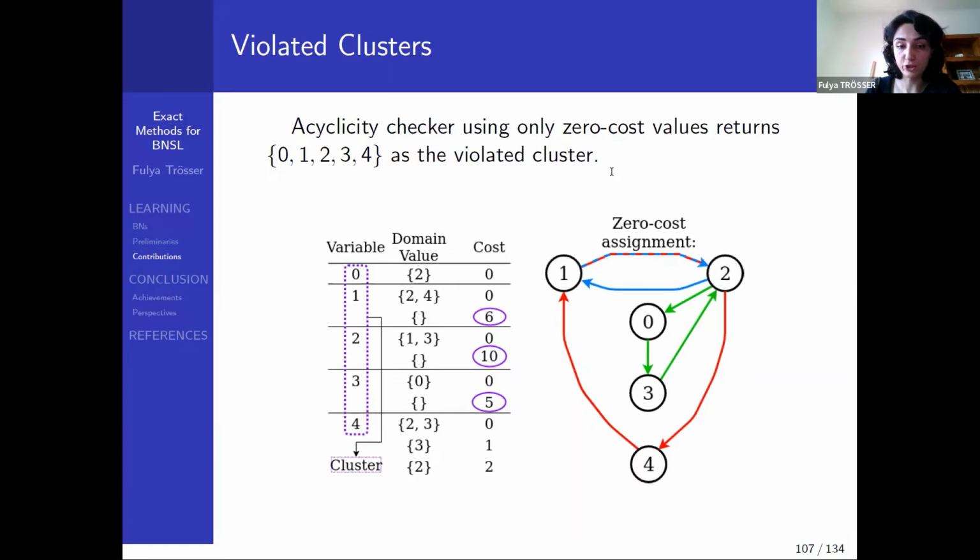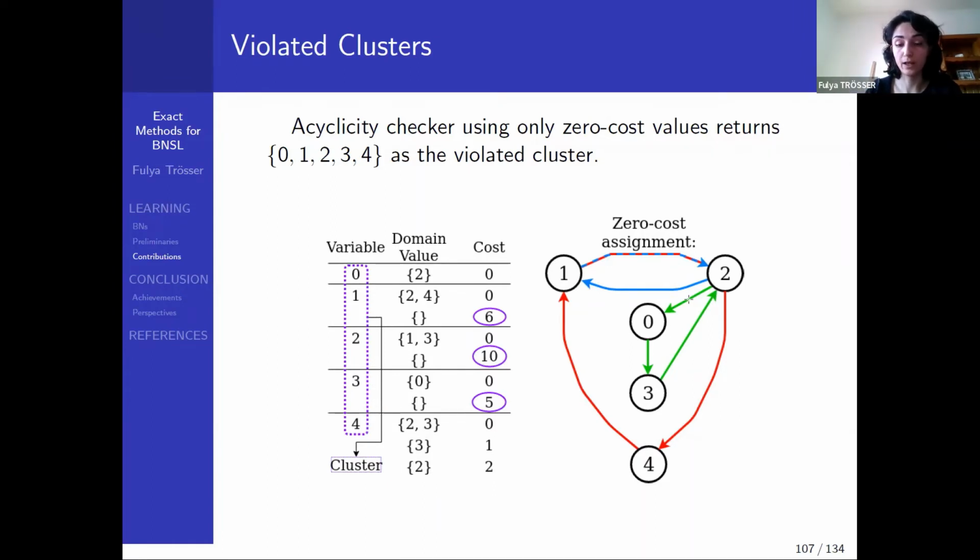We do this on a special type of clusters called violated clusters to make sure that the lower bound will increase. And we observe that in a cluster, there is no variable whose parents are all outside the cluster. Therefore, we must force at least one variable to take a set of parents which are all outside the cluster.